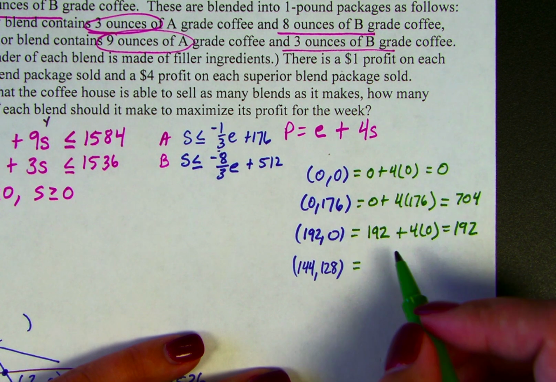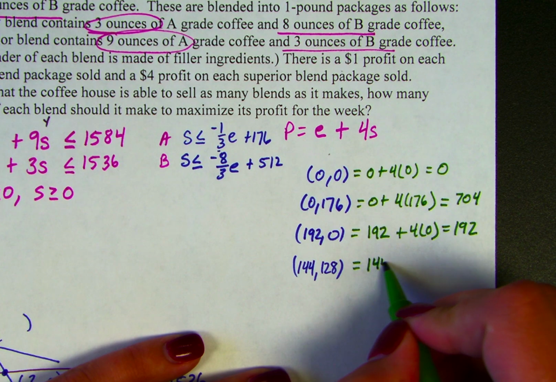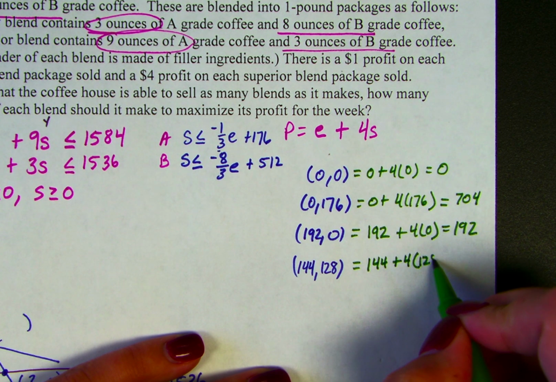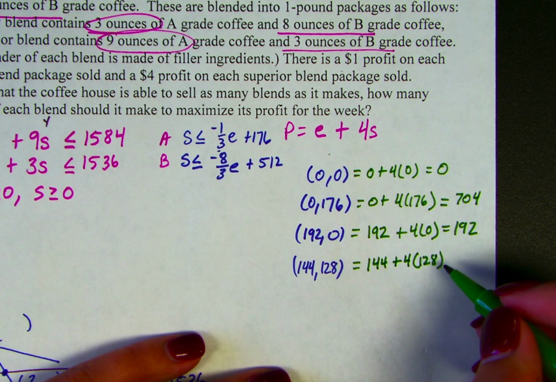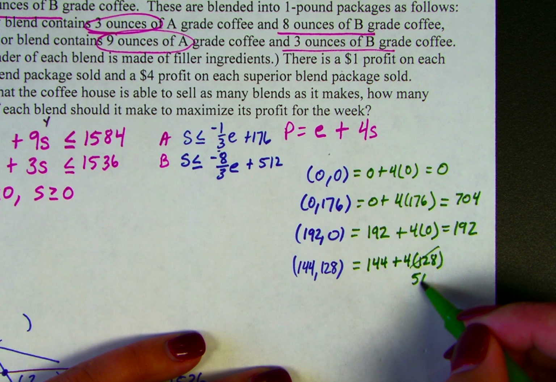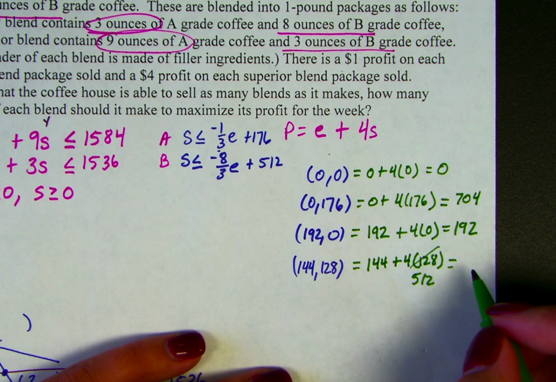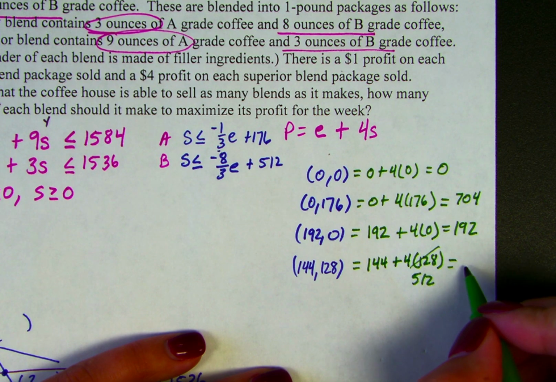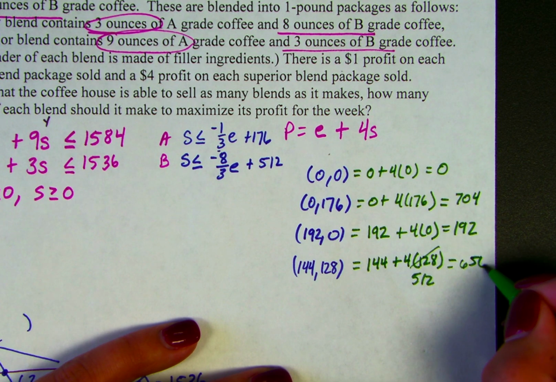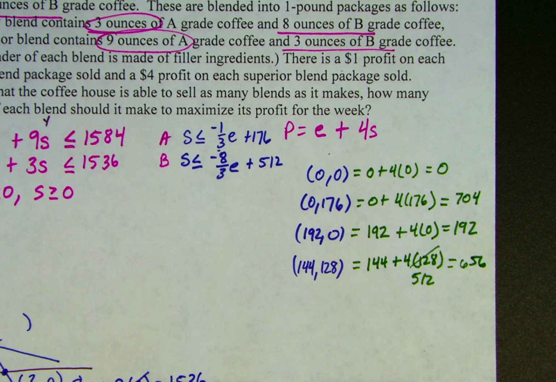And the last one, we are taking 144 plus 4 times 128. So let's see, 4 times 128 is really 512. So if we add those two together, this will give us 656.